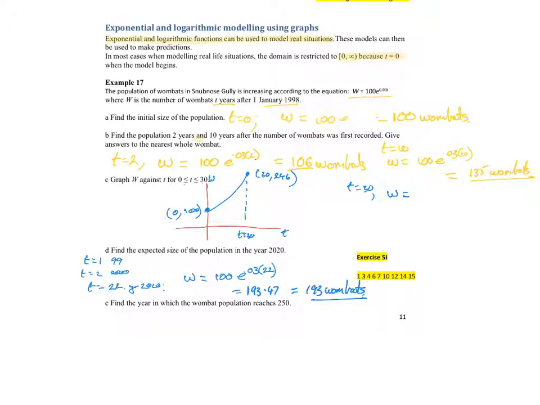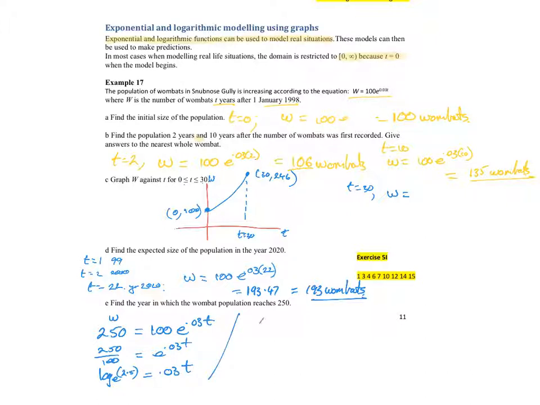Find the year in which the population reaches 250. So that means I need the population size, W, to be equal to 250, so 250 equals 100 e to the 0.03t. So 250 on 100 equals e to the 0.03t. So that's 2.5. So log base e of 2.5 equals 0.03t.